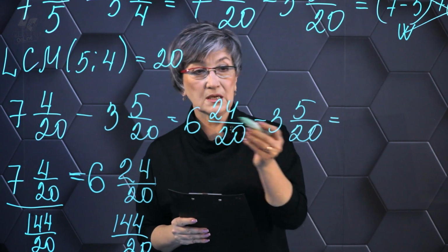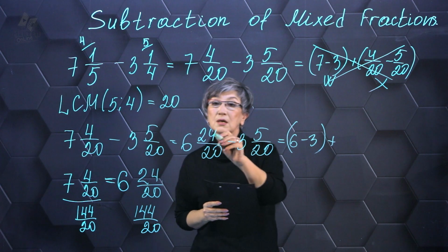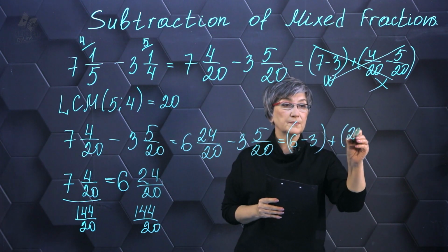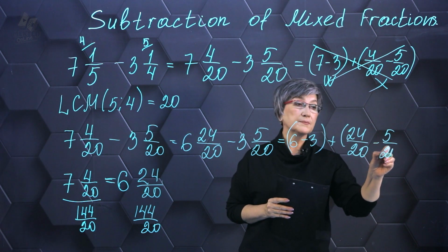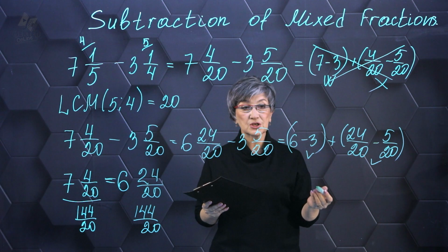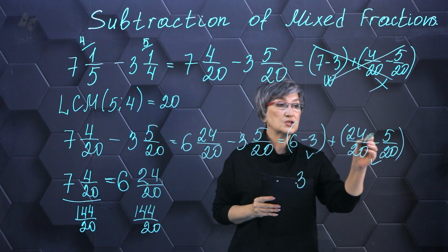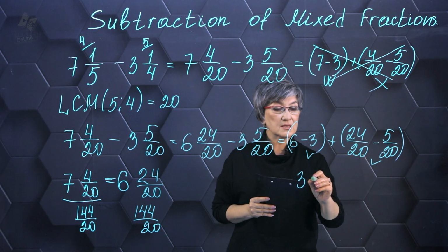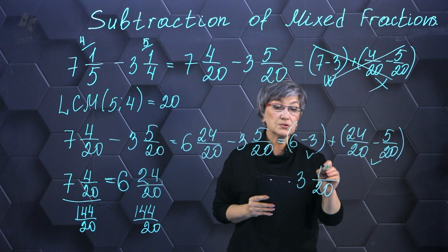I can subtract 3 from 6 with ease, and from 24/20s, I can take 5/20s. Well, now that's great. Our problem is solved. Subtract 6 minus 3, that's 3, and 24 minus 5 with the same denominator, that's 19/20. And that will be our answer.